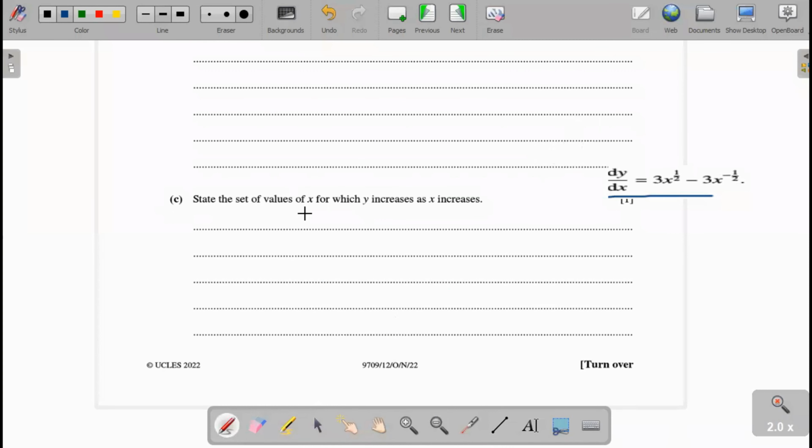Now state the set of values of x for which y increases as x increases. Now you see here for an increasing function dy over dx will be greater than 0. Therefore 3 into x power 1 over 2 minus 3 into x power minus 1 over 2 is greater than 0.